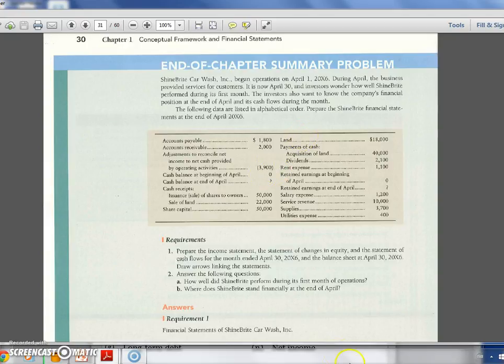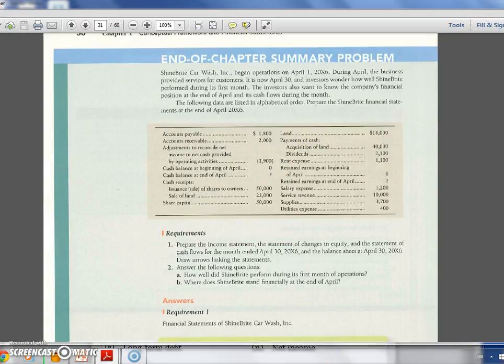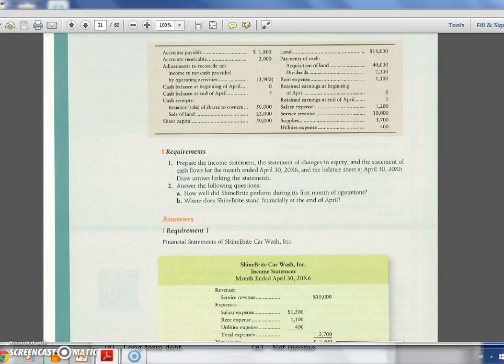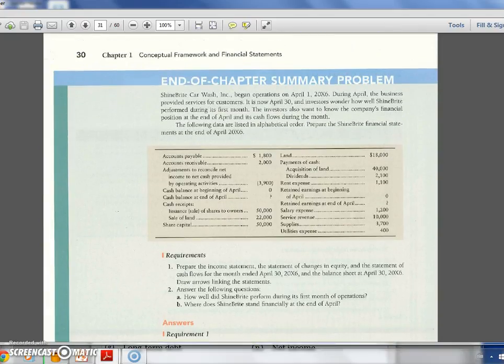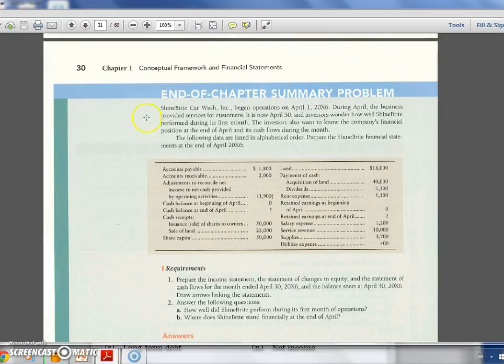It's great. However, it gives the answers right away, and as human beings, we're often just tempted to go straight to the answer. So I would like you to approach any of the questions that are going to be assigned as homework. Think of it this way. So let's take a look at this summary problem.